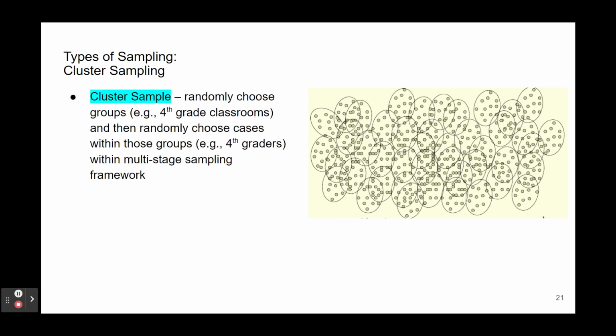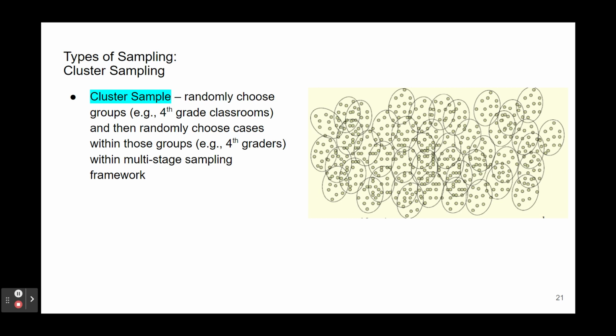The next one is cluster sampling. It's very similar to stratified sampling. You subdivide the entire population into clusters, which are still subgroups, but we don't call them strata; we call them clusters. But here you randomly select clusters.